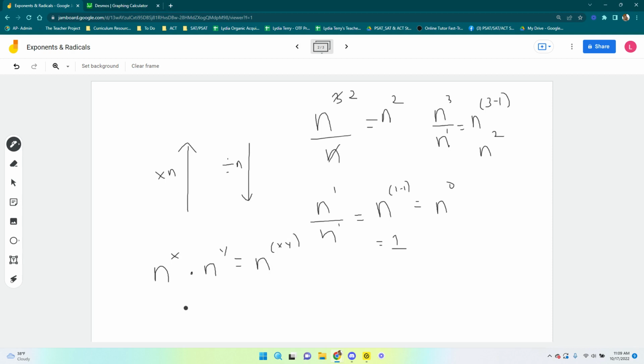You can also do n to the x divided by n to the y will be equal to n to the x minus y. This should be a plus, excuse me. There we go. Hopefully that helps with your notes.